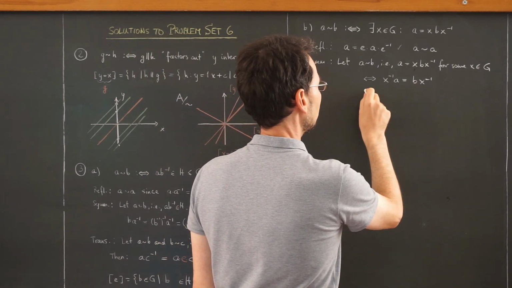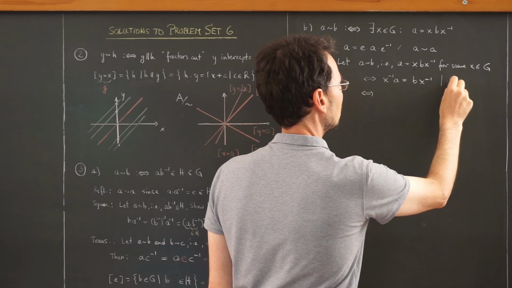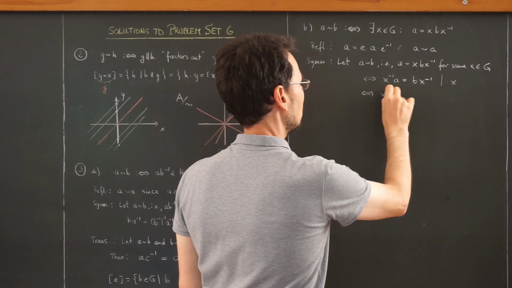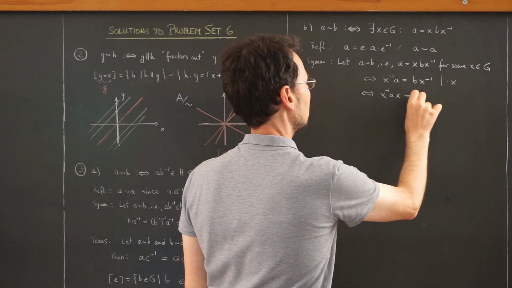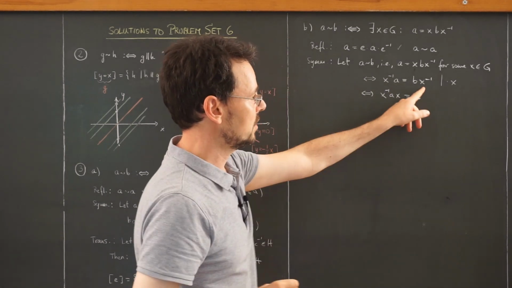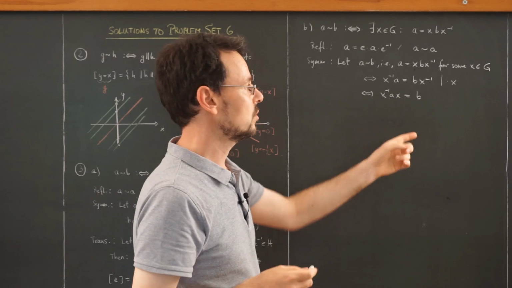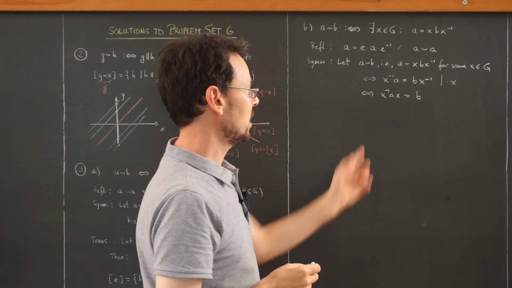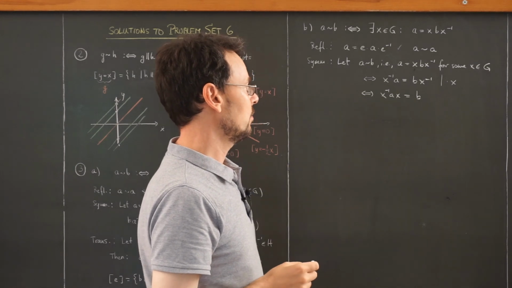And then again, I multiply from the right with X itself, and I end up again with this because X inverse X, using associativity, gives me the identity, which leaves B unchanged. So I end up with this here.